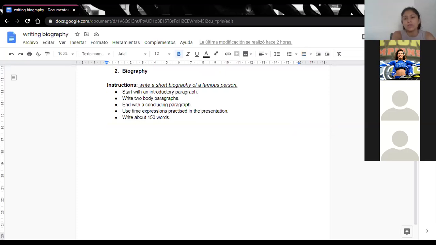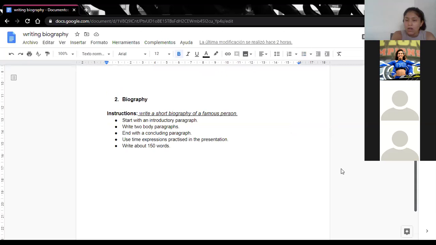I know that I told you all what had to include, but I mean, it is just a homework. I don't need you to make a very long biography. So write a short biography of a famous person. Start with an introductory paragraph, write 2 body paragraphs, and then a concluding paragraph, which means that these are 4 different paragraphs. Use time expressions practiced in the presentation and write about 150 words.